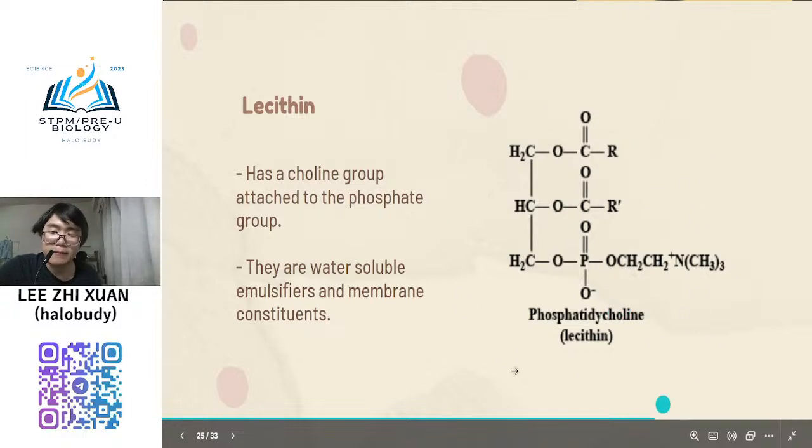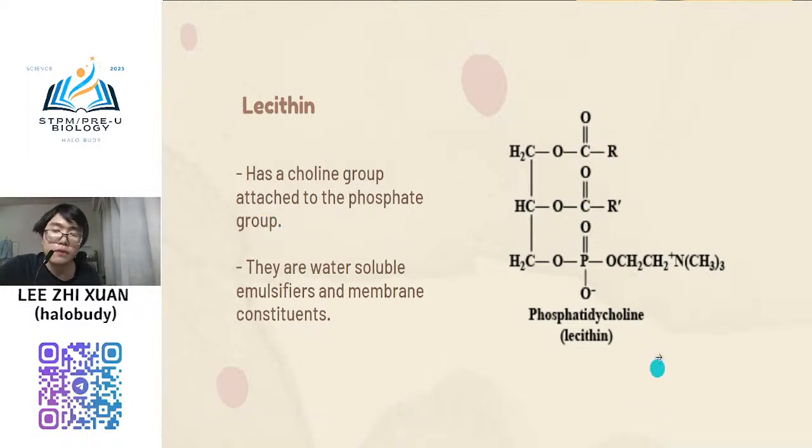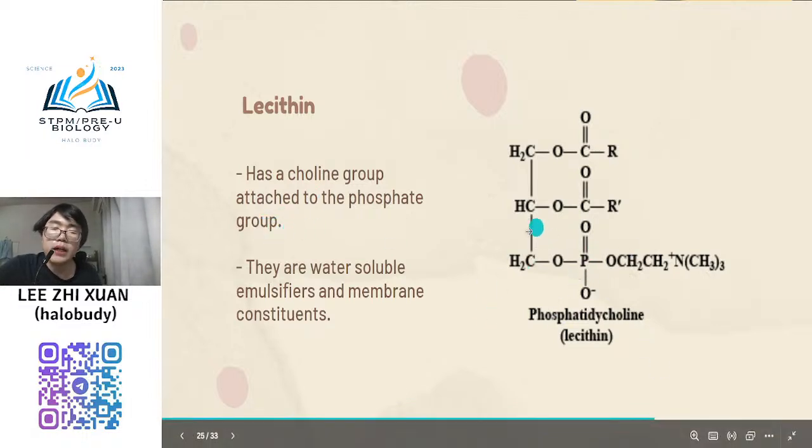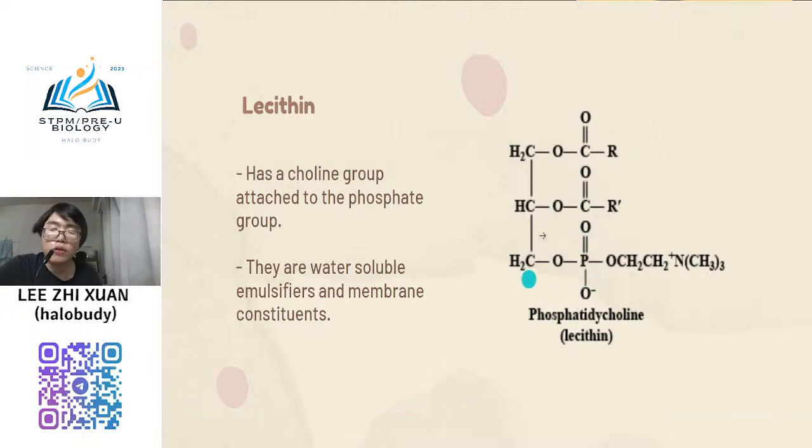It's called lecithin because it has a choline group attached to the phosphate group here. So this structure is called lecithin. They are water soluble, emulsify, and are membrane constituents.